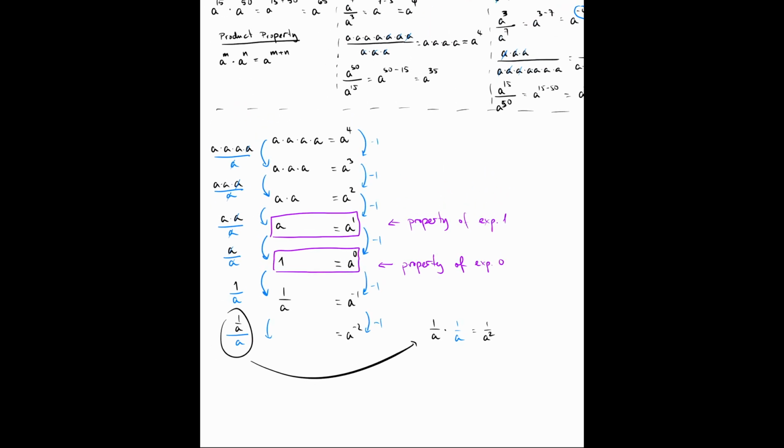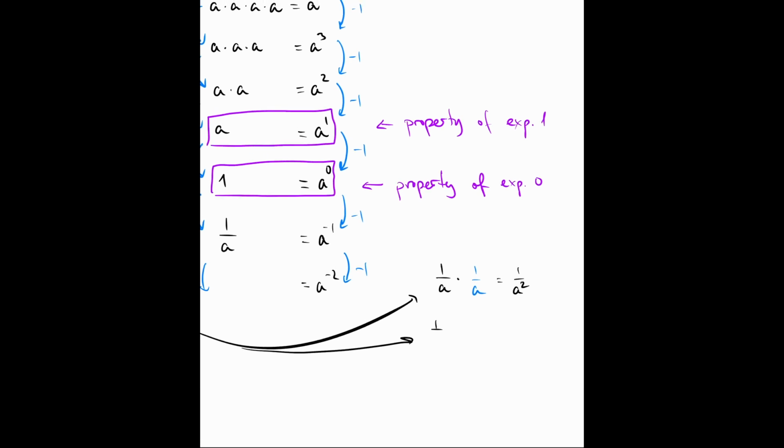Now, another way that you can think of this is down here. We could write 1 over a divided by a. You could use the concept of equivalent fractions, and we could multiply both numerator and denominator by a, and we're allowed to do that because this fraction is just equal to 1, and we can always multiply by 1.